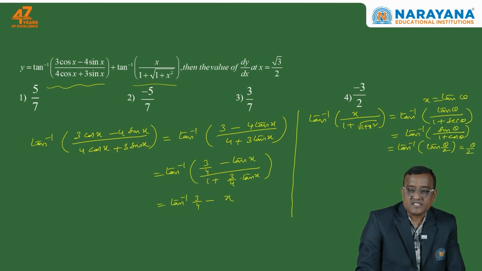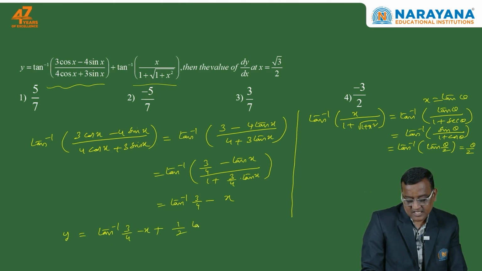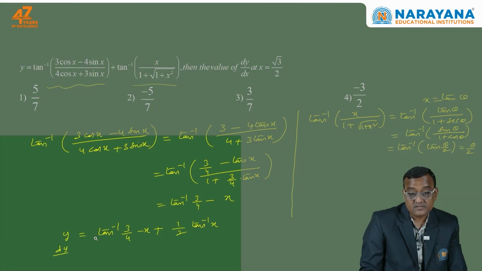And theta is, according to the substitution, tan inverse x. Therefore, y becomes, the first expression is tan inverse 3 by 4 minus x after simplification. And the second one is theta by 2. Here theta is tan inverse x. Now find dy by dx. Tan inverse 3 by 4 is a constant.